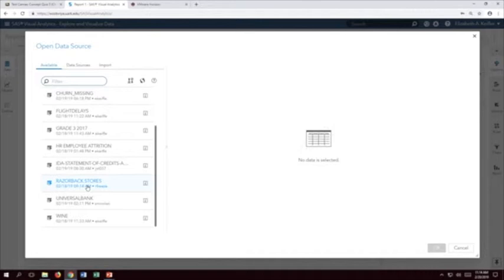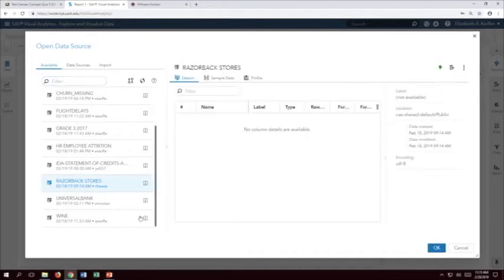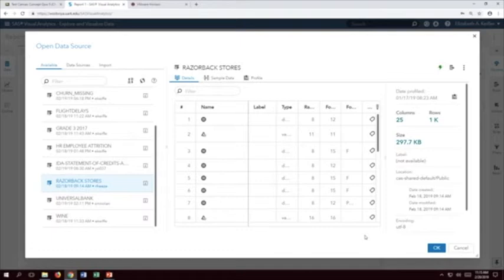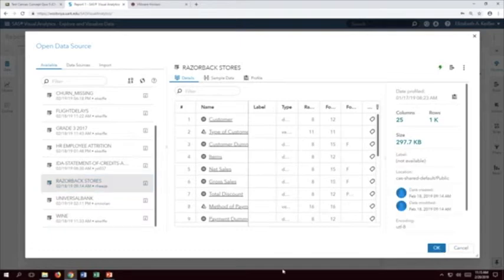Remember how on Saturday or Sunday we had this big overhaul of the system? We're still working on some things. So let's use Razorback stores, because everybody has access to that. We'll use Razorback stores, and we'll just click OK.